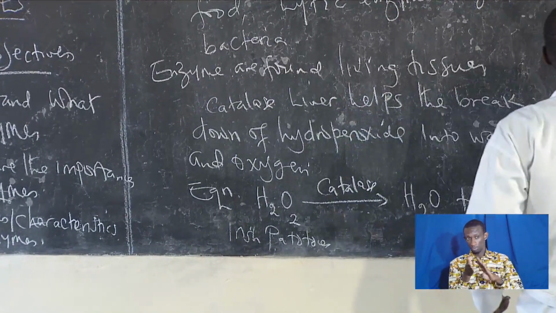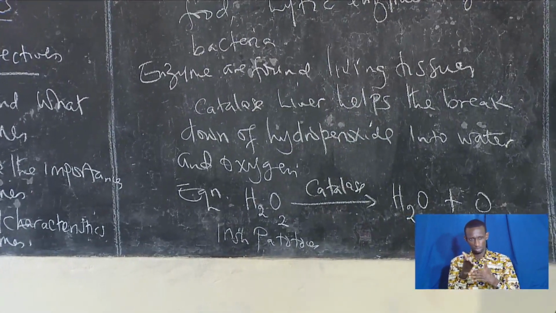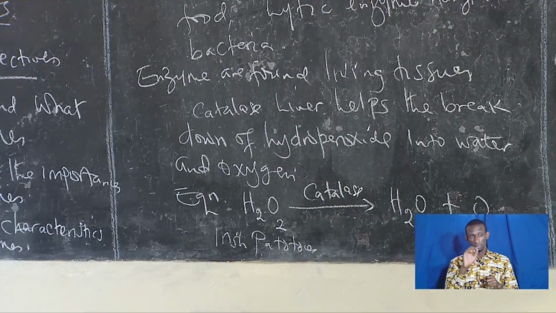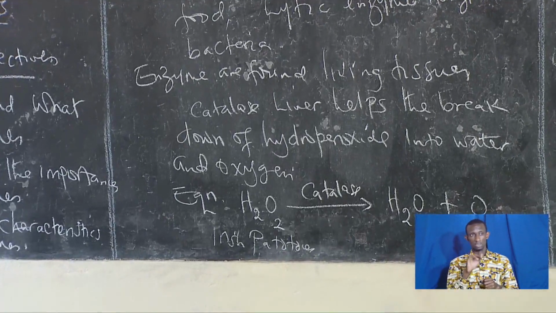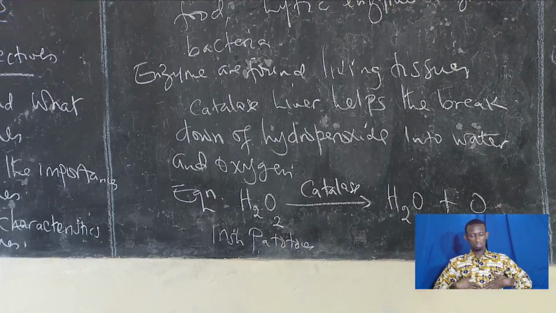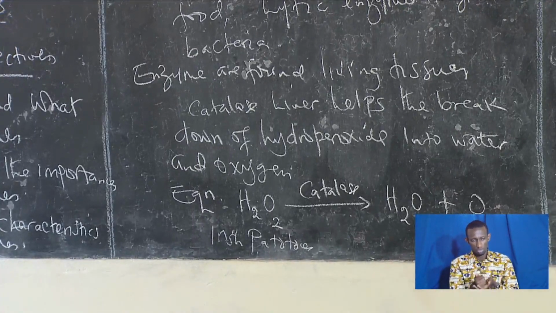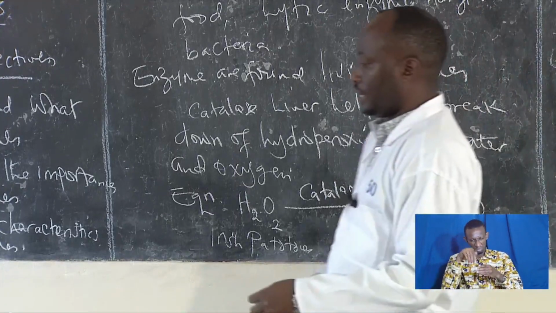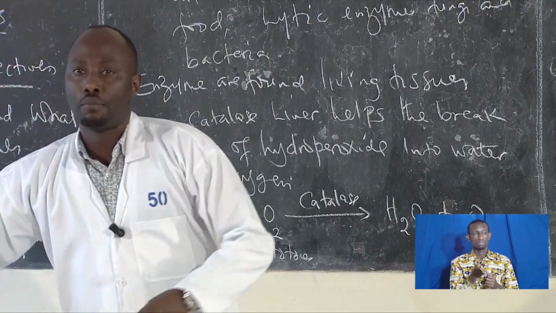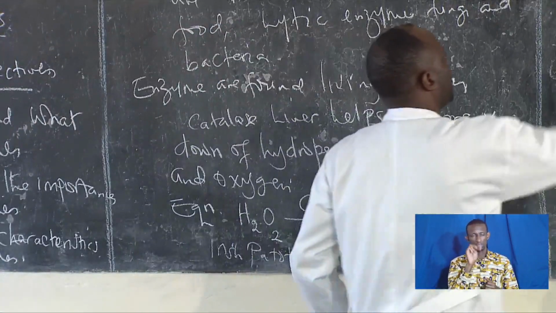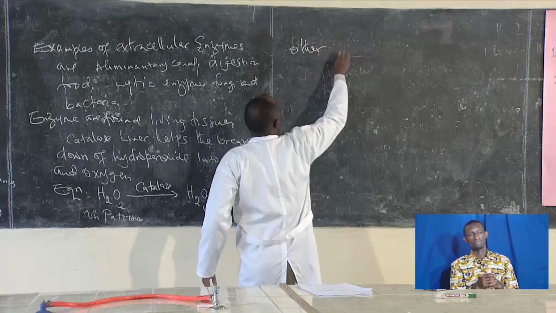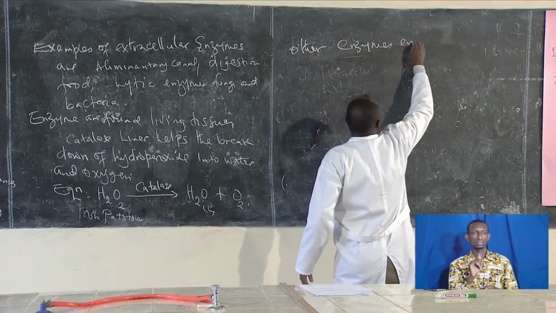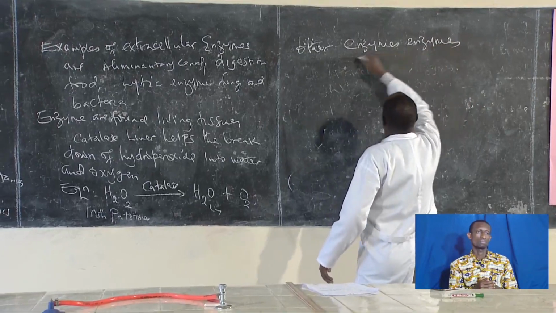Quickly, let's talk about other types of enzymes that are found in our body, and they perform the function of breaking down food into simple particles to be absorbed into the body, and they are normally named according to the food they act upon. We have a number of other enzymes that we are going to mention.